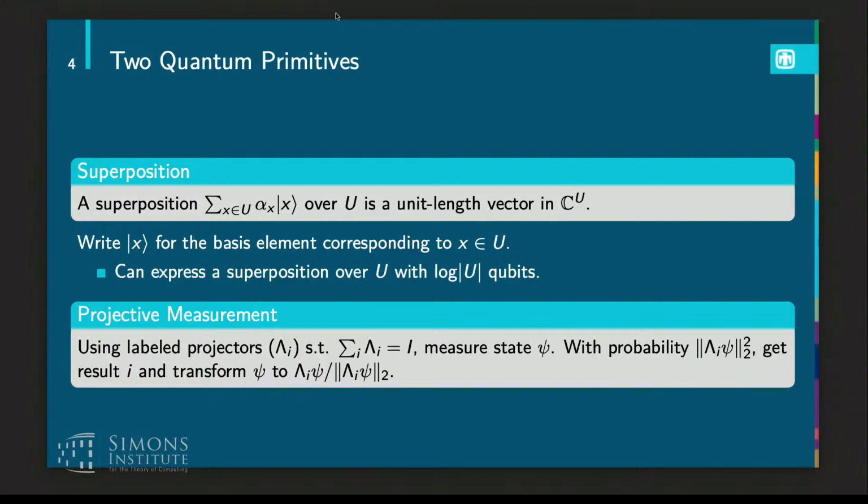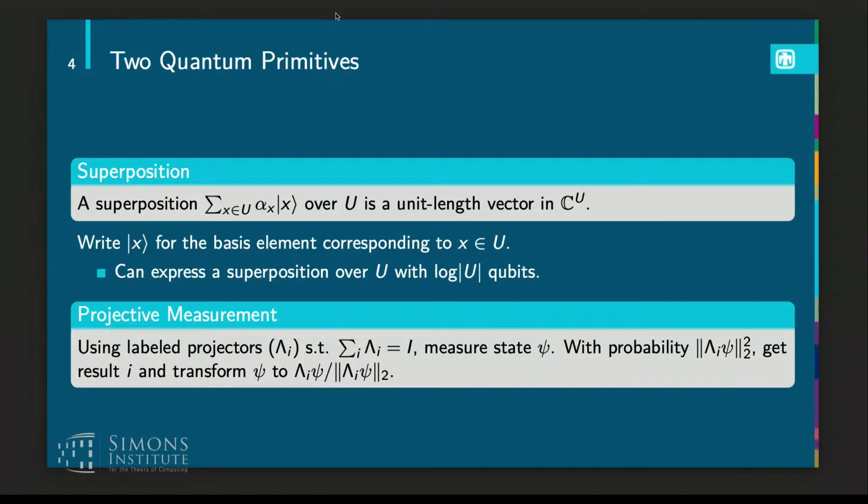When you do this measurement, your probability of getting a given measurement outcome is just the squared length of the vector after you project it down onto the corresponding projector. Because these projectors sum to the identity, these probabilities will sum to 1.